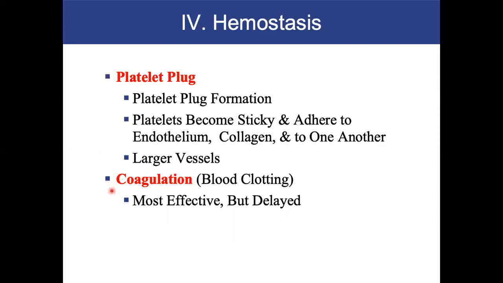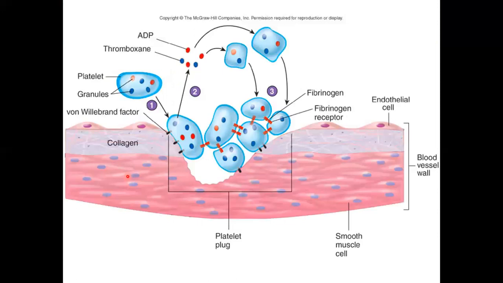Coagulation is blood clotting. So this is the most effective for stoppage of bleeding, but it involves a series of steps. So let's look at blood clotting or coagulation. So here's damage to that endothelial lining. The platelets stick to it, right? So the platelets stick to it because of chemicals released by this damaged environment.